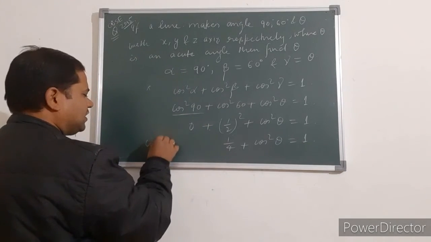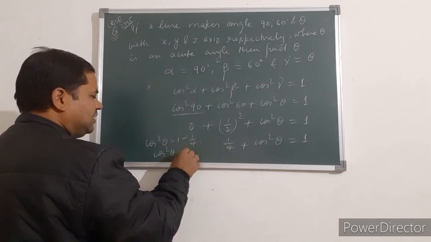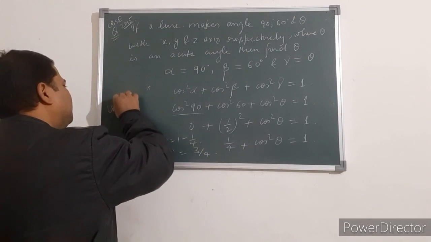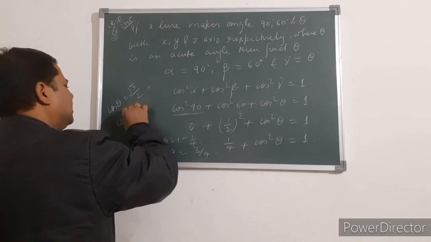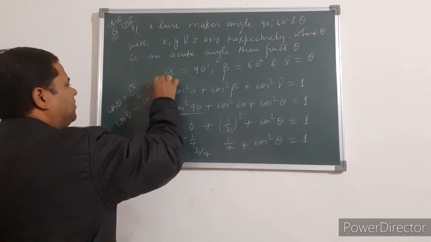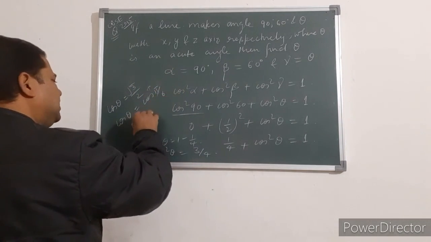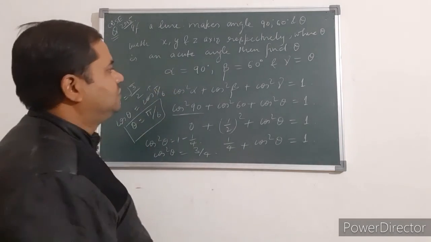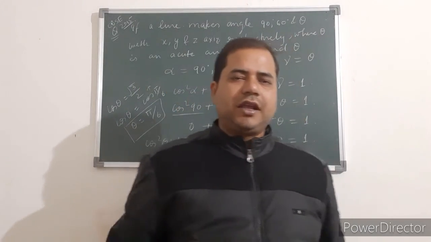So cos square theta is 1 minus 1 by 4, which is 3 by 4. So cos theta is root 3 by 2, that is cos pi by 6. So theta is pi by 6. Okay, this is the whole of today's class. Thank you very much.